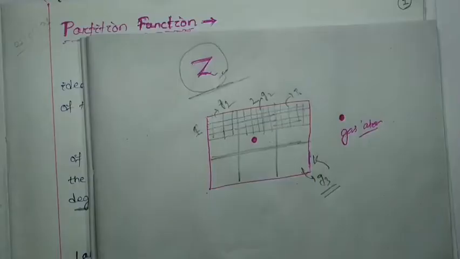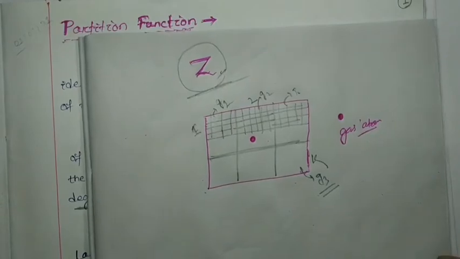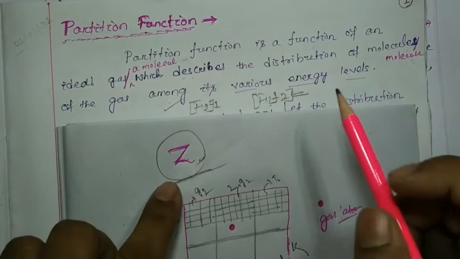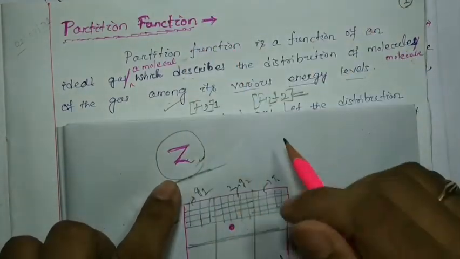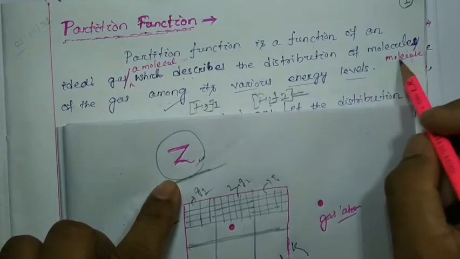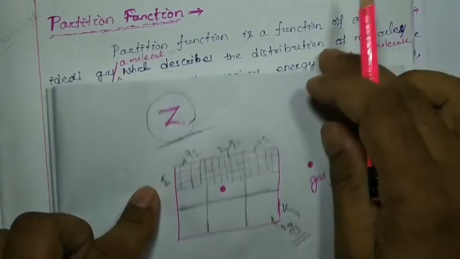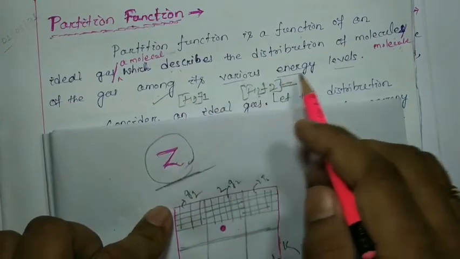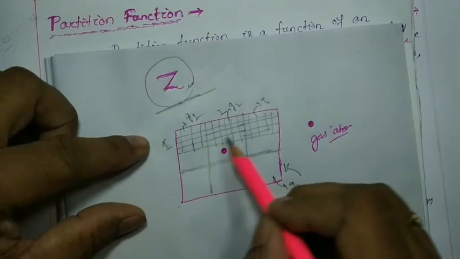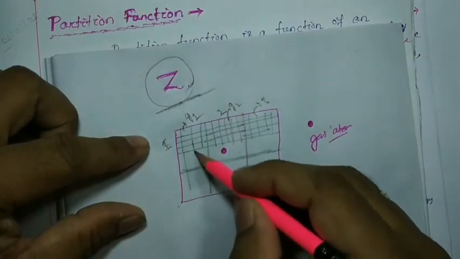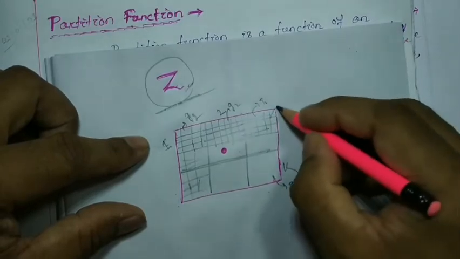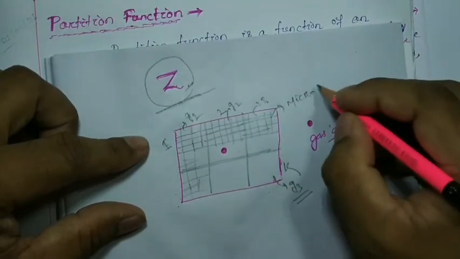Again I am going to read this definition. The partition function Z represents the distribution of molecules or a molecule among its various energy levels. These cells we considered for each compartment are nothing but the microstates, which we have already discussed in detail.